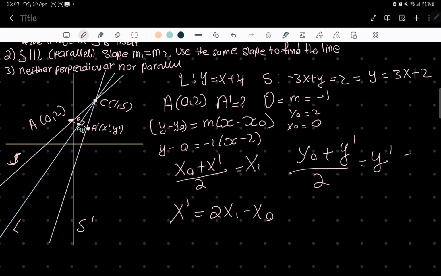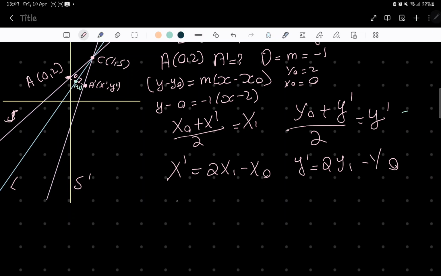So what we basically did here is rearrange it so that we can find x prime. We can do the same thing for y and rearrange it. x1, y1 is basically the point of intersection that I showed you, so that is minus 1 and 3.